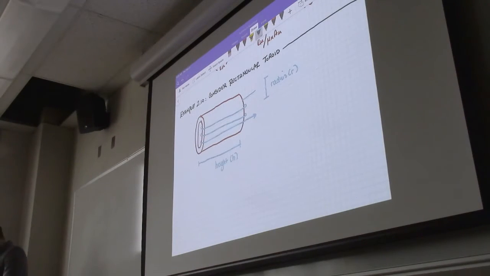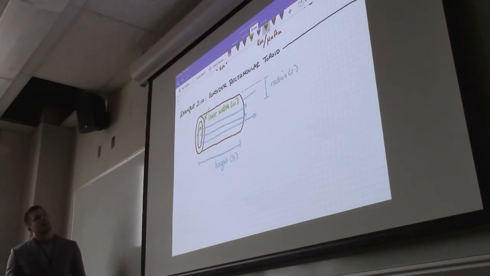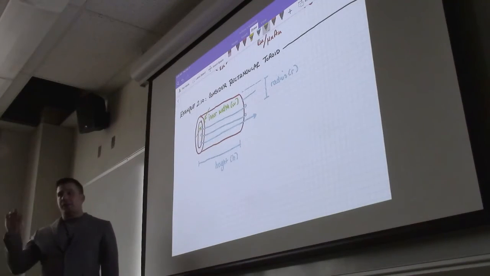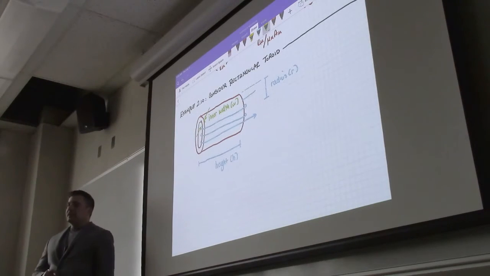This is the outer radius, so it goes all the way from there. And lastly, we have a width, or we could call it inner width. Hopefully you can see where the arrows are pointing. That's the thickness of the delicious part of the donut.